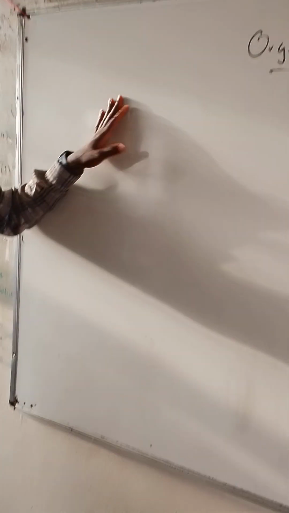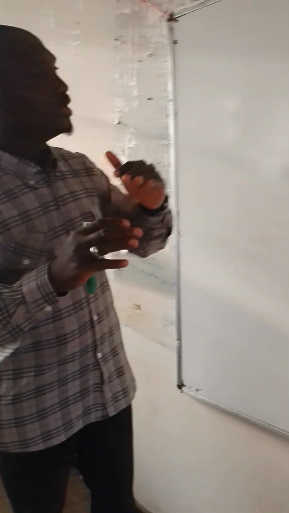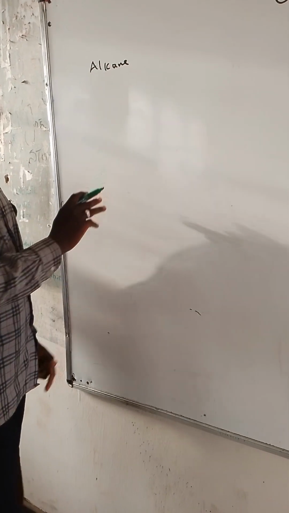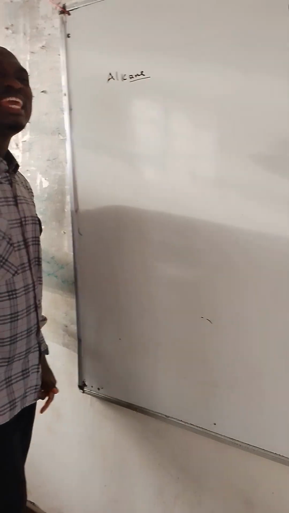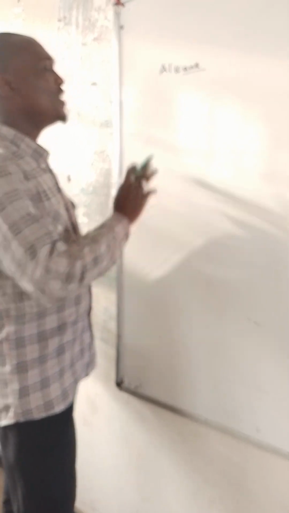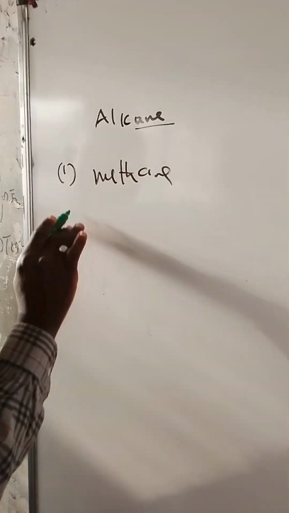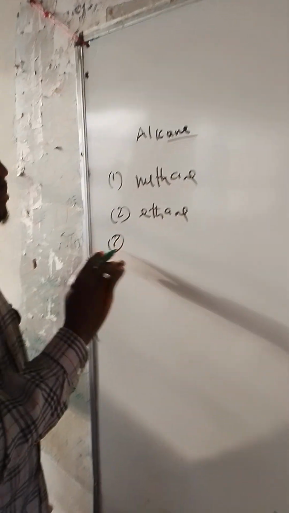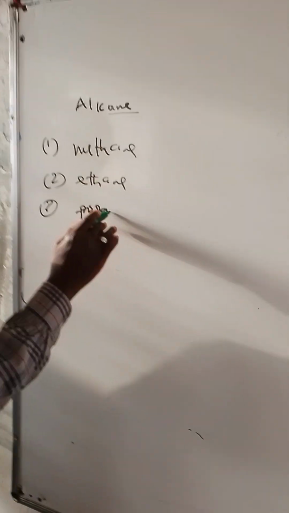So, let's just start with alkane. The names end in A-N-E. The first member is methane. The second member is ethane. The third member is propane.